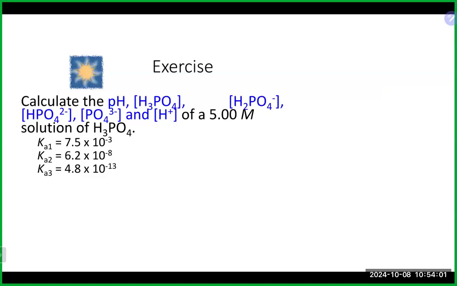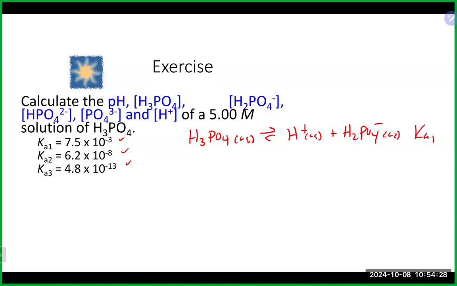We've got our three K values here, Ka1, Ka2, and since we're looking for everything, we're going to start with our first hydrogen that comes off. That would be the equation we wrote previously: H3PO4 will lose one hydrogen and make H2PO4 minus. That is our Ka1 value, 7.5 times 10 to the minus 3.